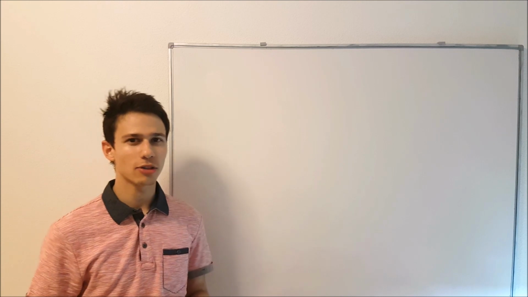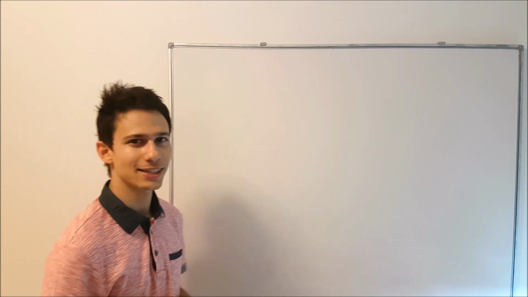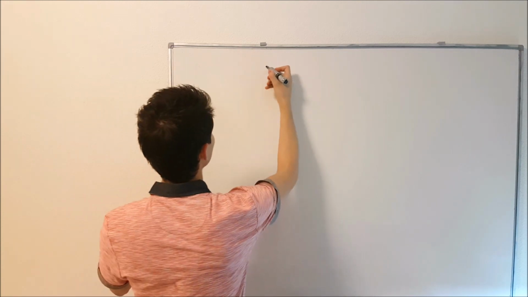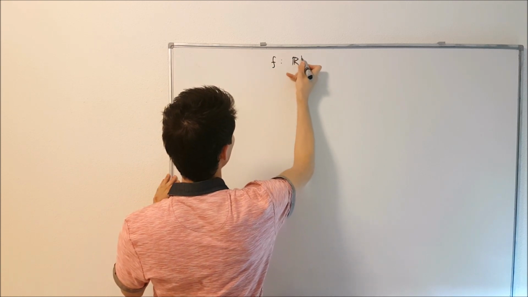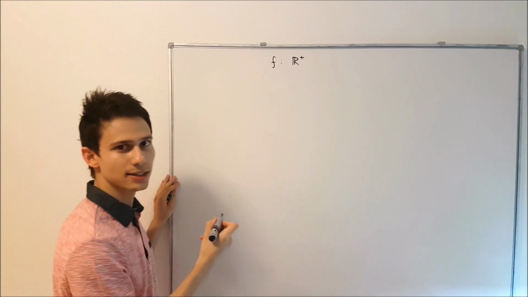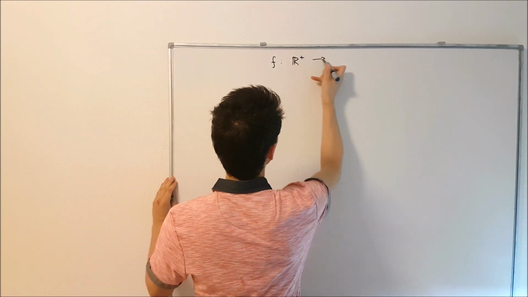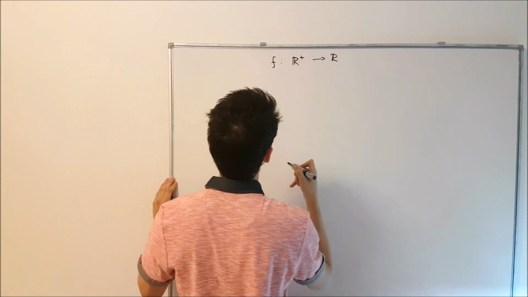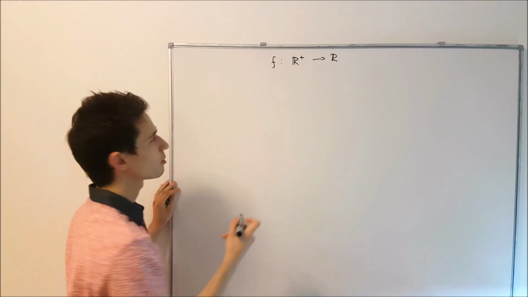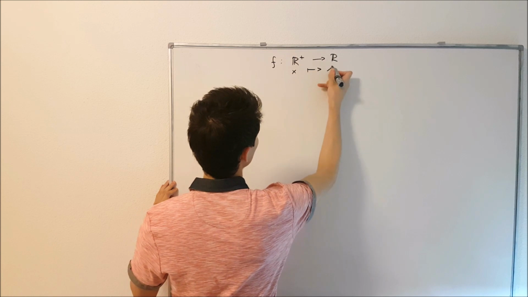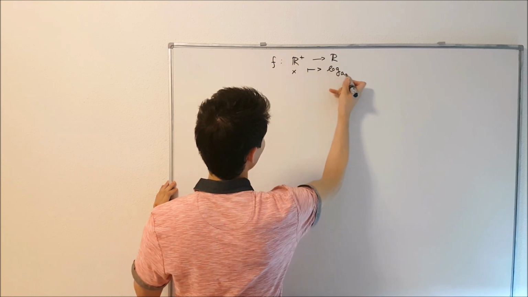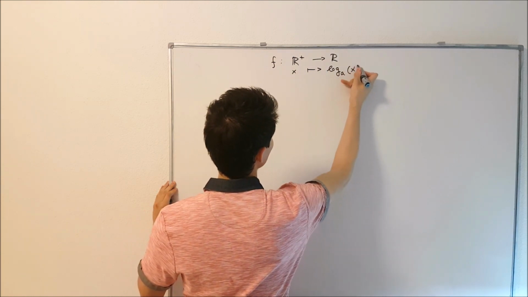Whenever I was talking about the logarithm in my earlier videos, I said that it is a function f that takes you from all real positive values on the x-axis to all real values on the y-axis. So it takes an argument x that is positive, and this gets mapped to the log to any base a of this argument x.